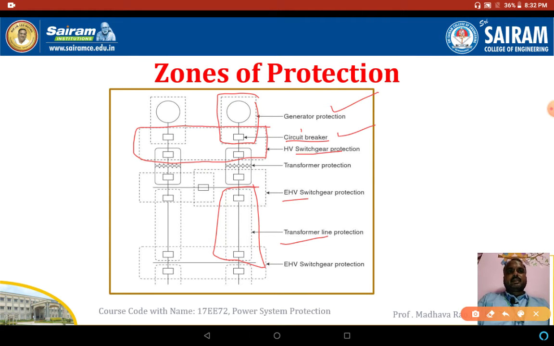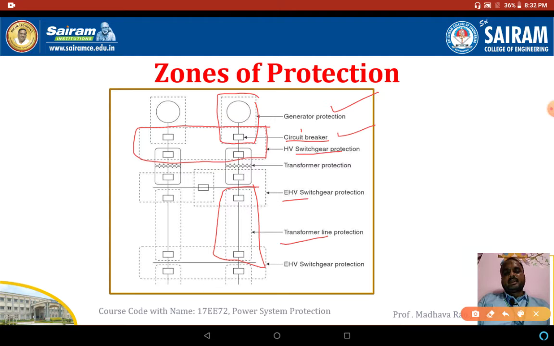Next one is adjacent protective zones must overlap each other. So that's what you can see here. Adjacent zones must overlap each other, failing which a fault on the boundary would go unprotected. So if any device fails on the boundary, other devices may give the supply.